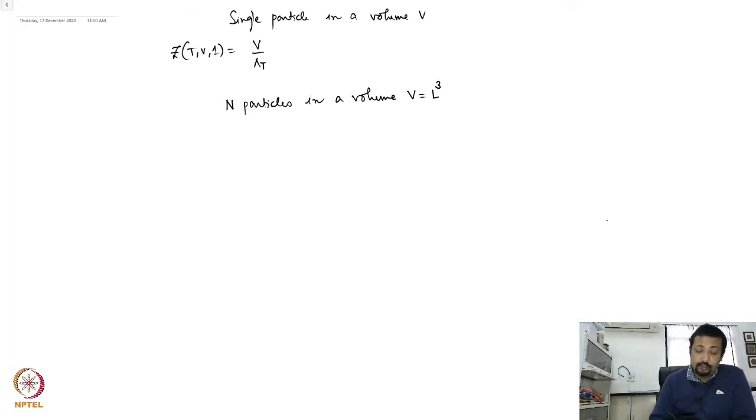So we start off with the density matrix rho hat. But first, before determining that, we note that for these N particles in a volume V, so now we want to look at N particles in a volume V, and this is still a non-interacting system.